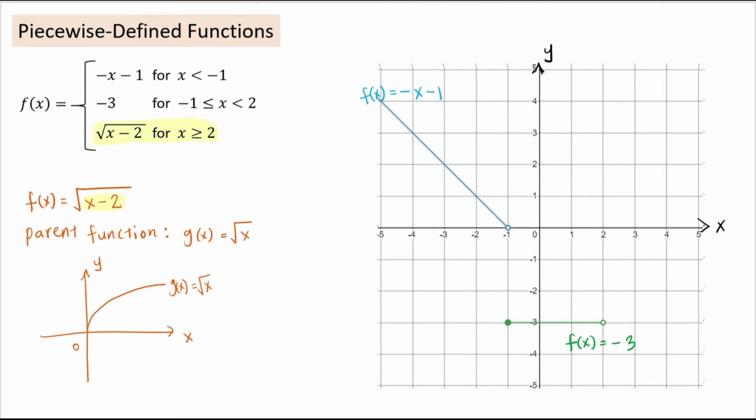So we have a horizontal shift. In terms of g of x, square root of x minus 2 is equal to g of x minus 2. So we need to shift the parent function g of x is equal to square root of x to the right by 2 units to get the function f of x.